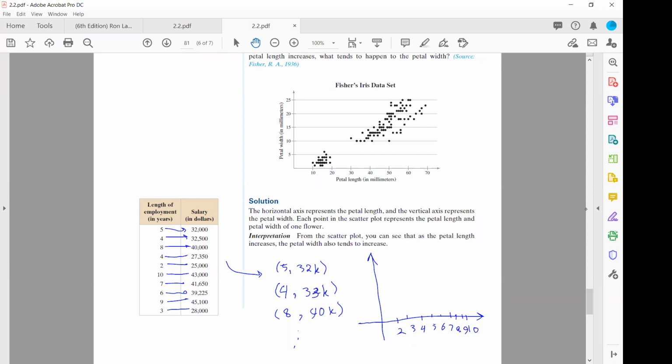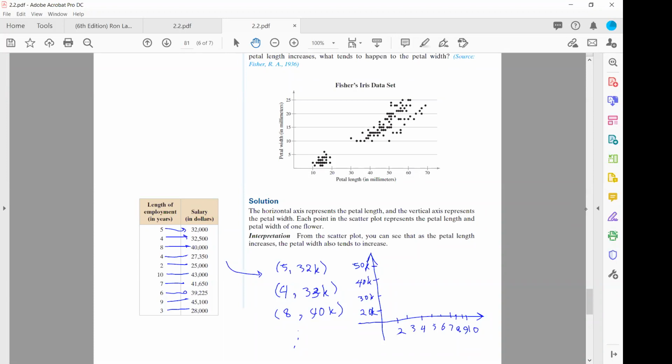And on the vertical axis, you can just list the salaries. Suppose the maximum stops at $50,000, and the smallest, let's see, is $20,000, then 30, 40, and so on.